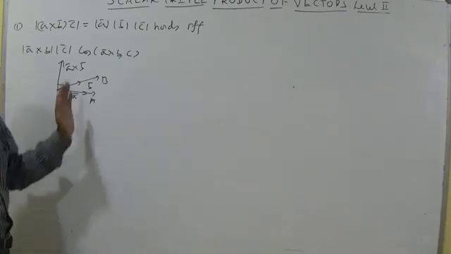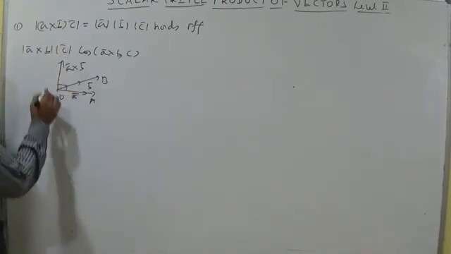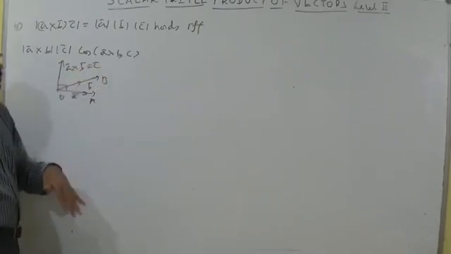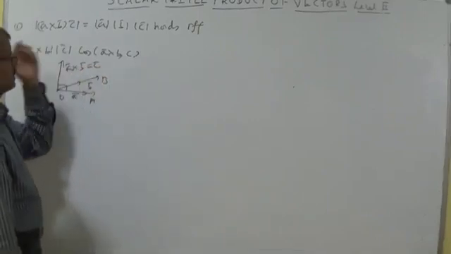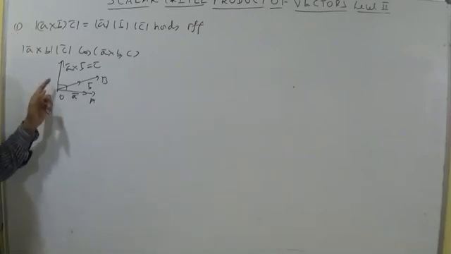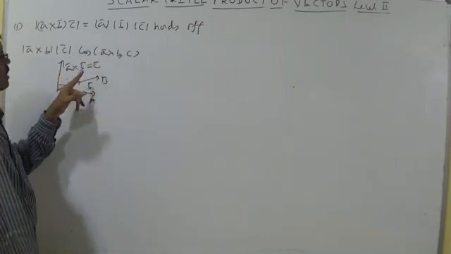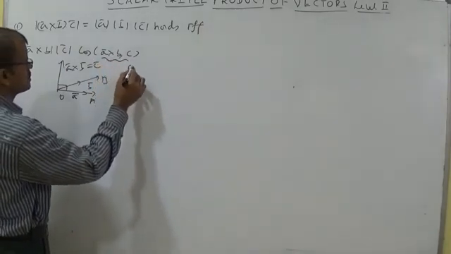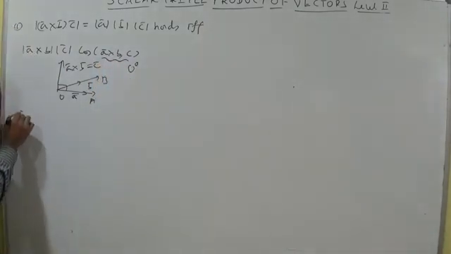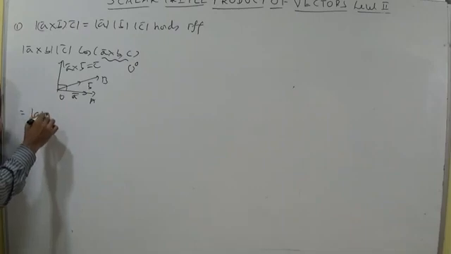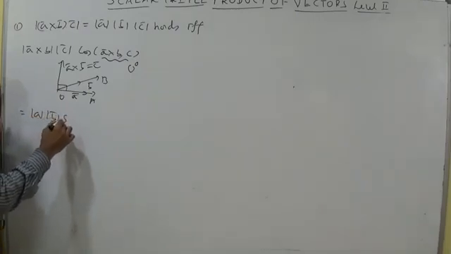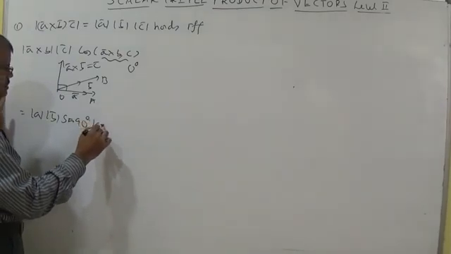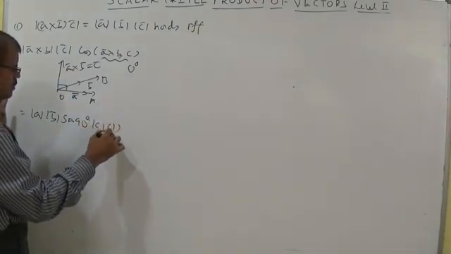So this is nothing but C, if we take the concept of IJK unit vectors. Whenever A cross B is equal to C or parallel, the angle between A cross B and C is 0 degrees. That is equal to modulus A into modulus B into sin 90 into modulus C into cos 0, which is equal to 1.